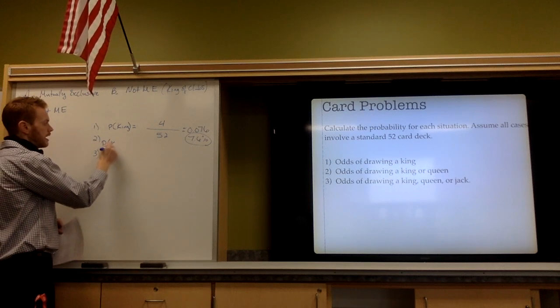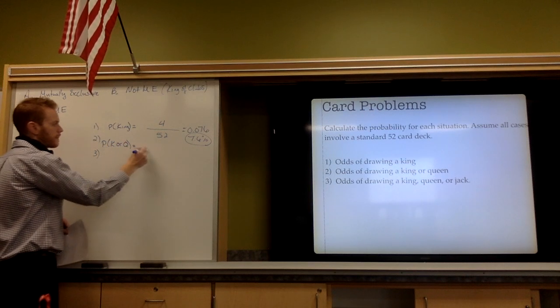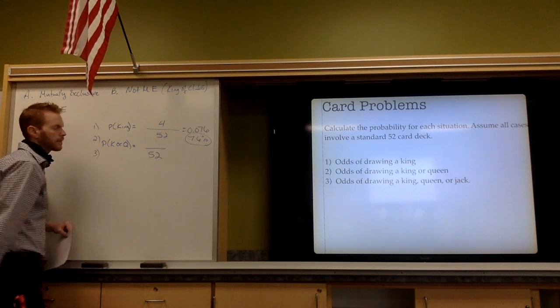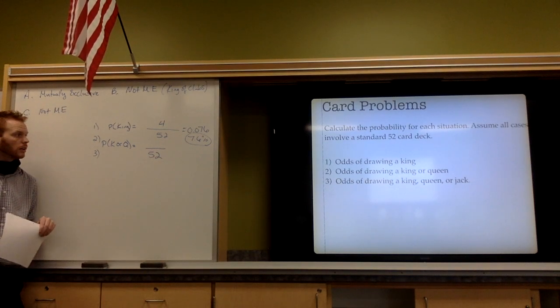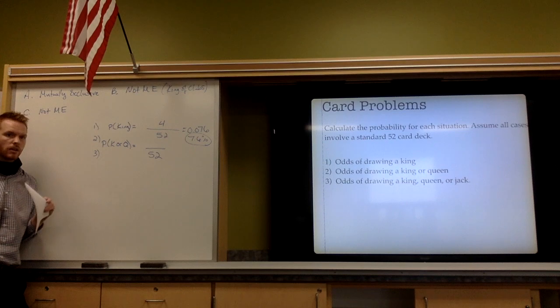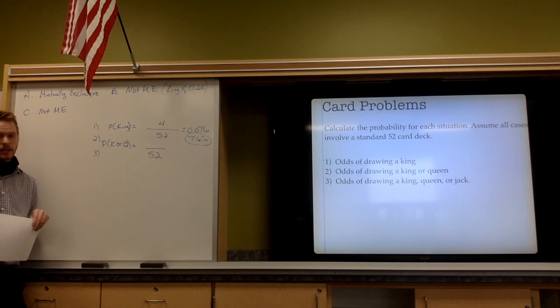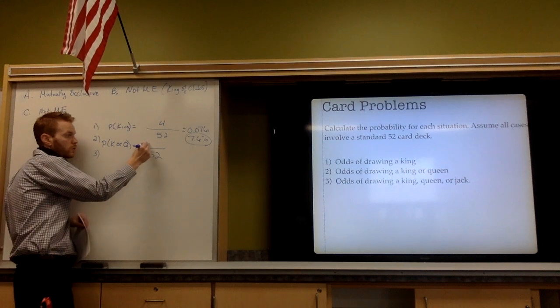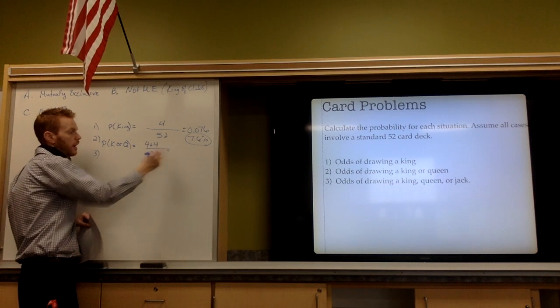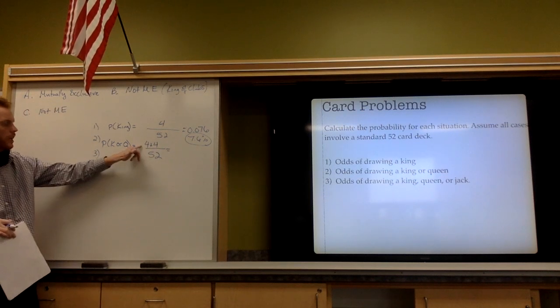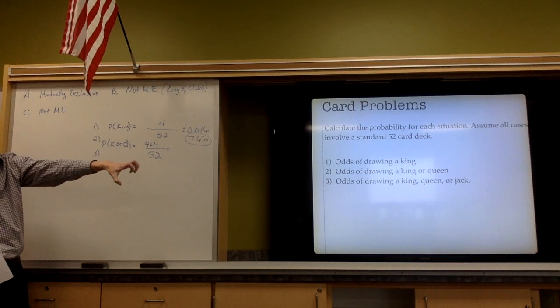Next, king or queen. So we're still taking out of 52 cards in the deck. Now, how many kings and queens are in the deck? Well, there's 4 kings, and there's also 4 queens. So we're going to add those up. And we're adding them because, once again, there's more things in the deck that I want to pick.